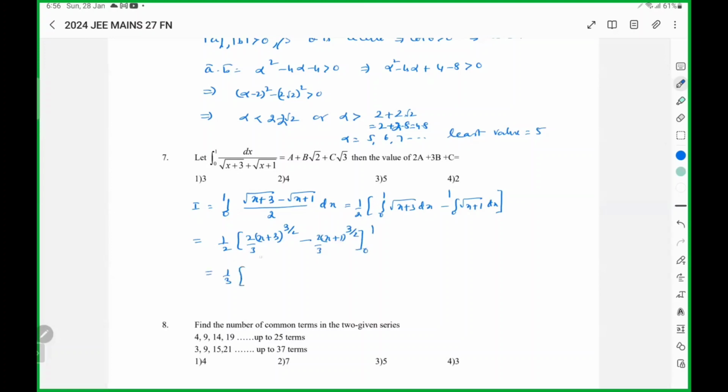So 1 by 3, 2 get cancelled, 1 by 3, 4 power 3 by 2 minus 3 power 3 by 2, minus (2 power 3 by 2 minus 1).